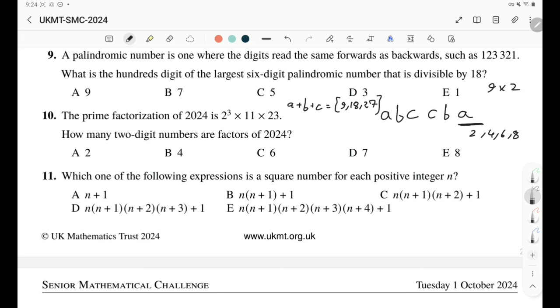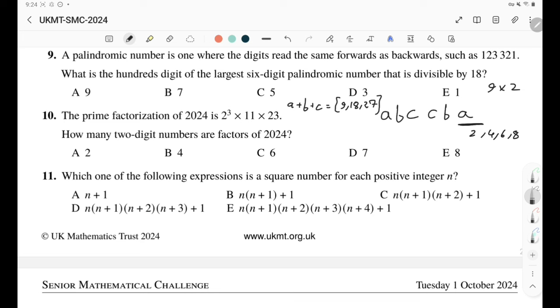But if we look at the question again, they're asking to find the largest such number. So far, we know A can be 2, 4, 6, 8, and A plus B plus C can be one of these.